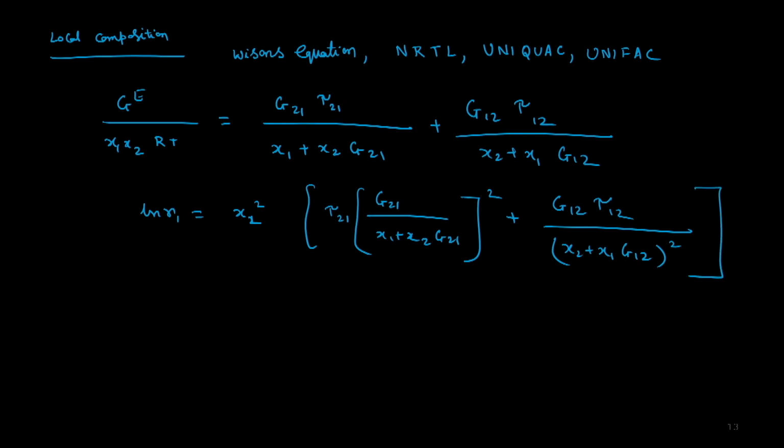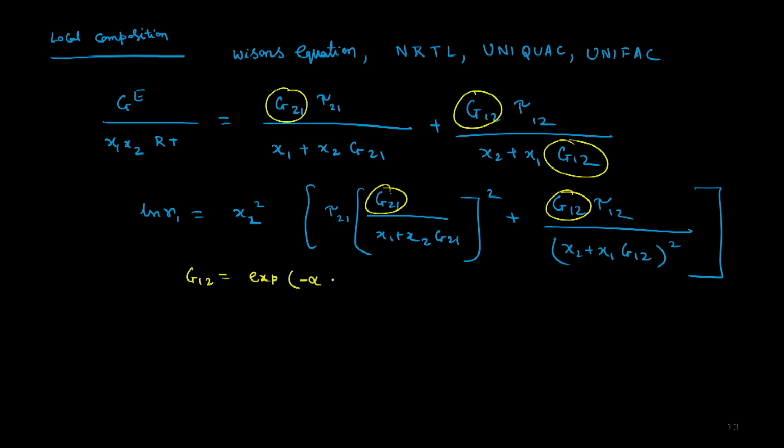And notice that the G12 here within the model equation has nothing to do with the Gibbs free energy, and this G12 and G21 are written in terms of alpha and tau 12 and tau 21, and tau 12 itself is written as a function of temperature.